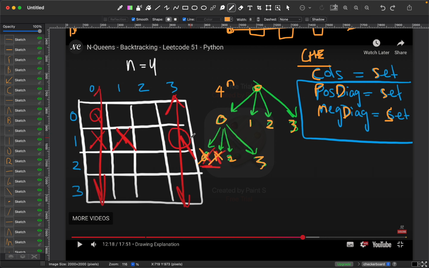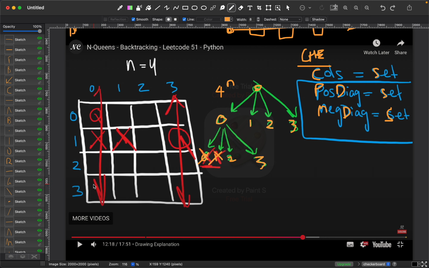A positive diagonal is not so straightforward, but as you can see, when you go positive diagonal, what you're going to realize are the values for a positive diagonal.